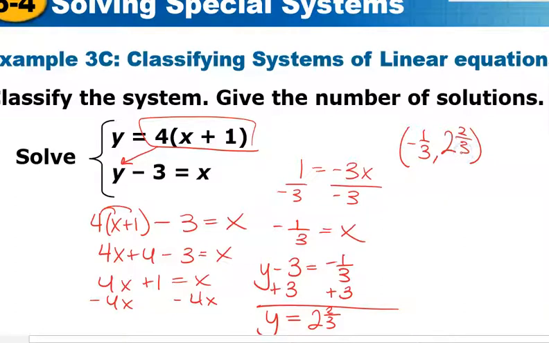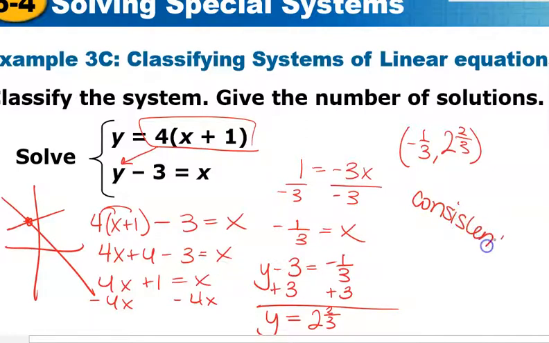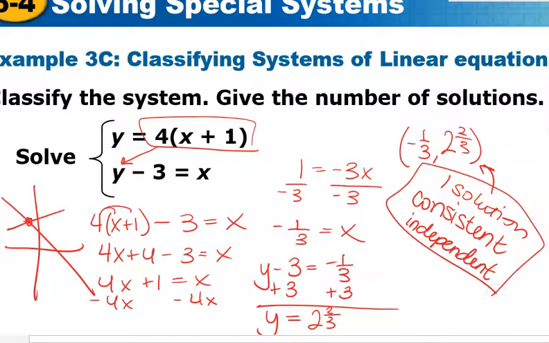Okay, and it looks like I'm getting a solution, which means that these cross somewhere. So this would be consistent because I got an actual answer. Okay, I have one solution. It's that. And this would be independent because I only have the one solution.